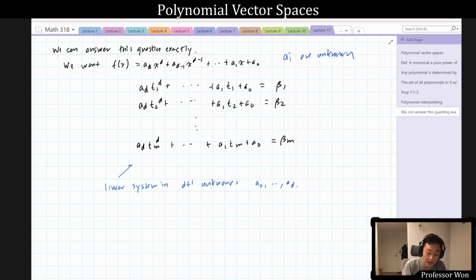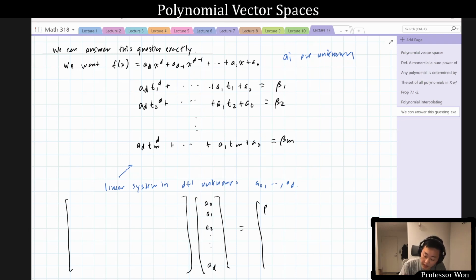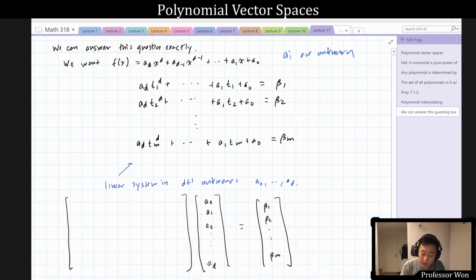What do you do? You put them into matrix form, right? So we are looking for, again, the traditional way is to always write them with increasing degree. And you're going to want this to equal beta 1 through beta m, which means that this thing should be an m by d matrix, right? This will have m rows and d columns. And what represents this system up here?